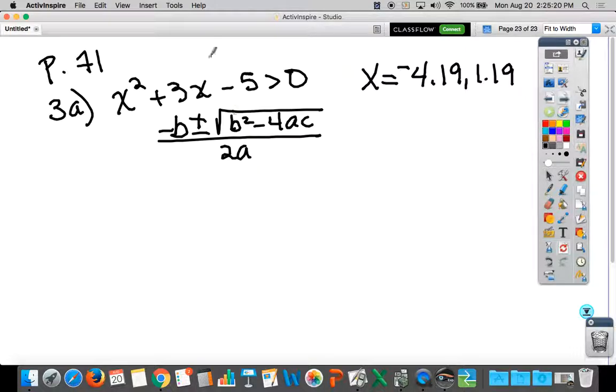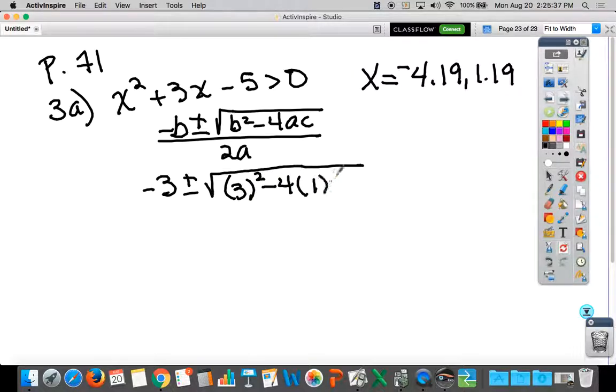So let's start. What is my b up here? What's the sign of 3? So opposite b will be -3, plus or minus square root 3 squared minus 4ac, all over 2a. Write that down and do nothing until you get that written down.